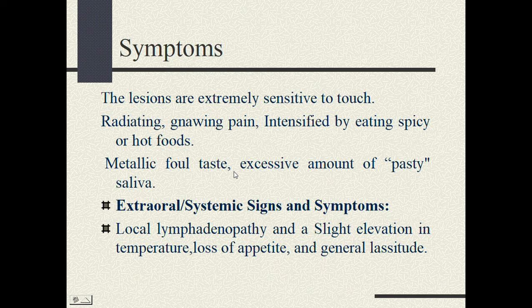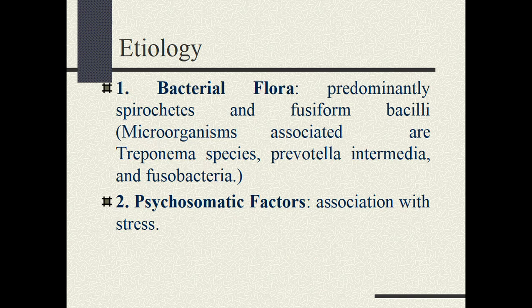Coming on to the symptoms, the lesions are extremely sensitive to touch, with radiating gnawing pain, intensified by eating spicy or hot food, metallic foul taste, and excessive amount of pasty saliva. Extraoral and systemic signs and symptoms like lymphadenopathy, increase in temperature, loss of appetite, and general lassitude might be there.